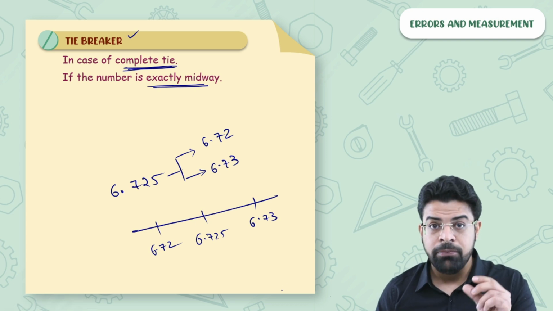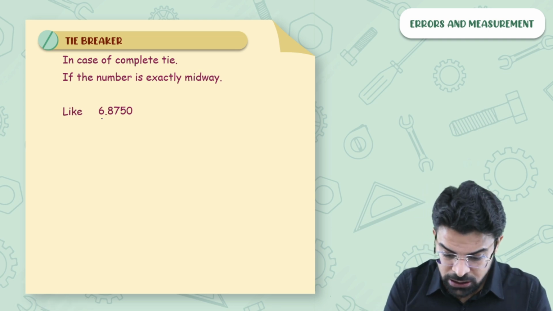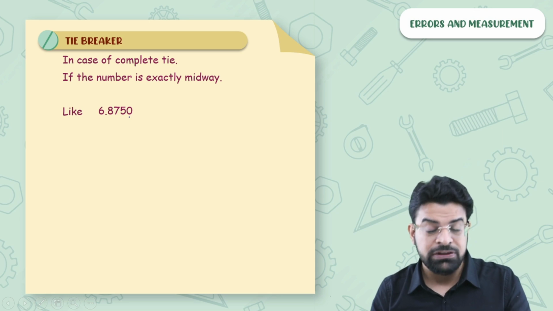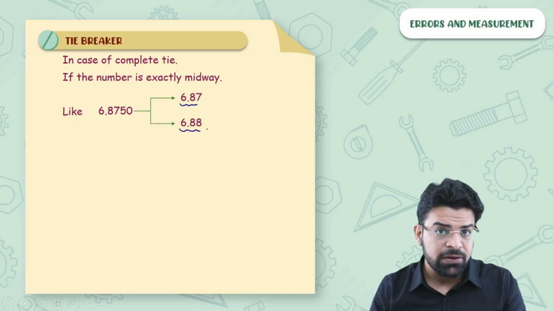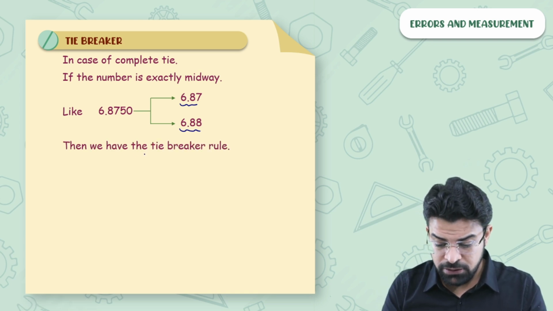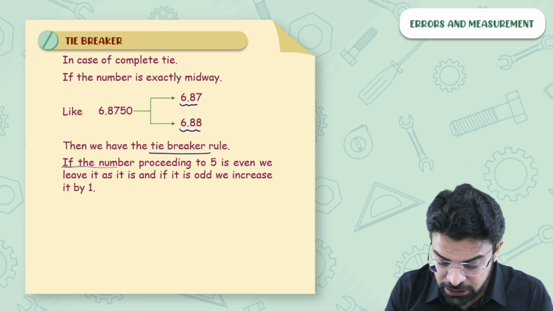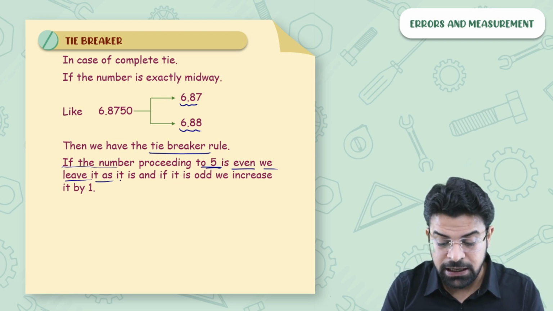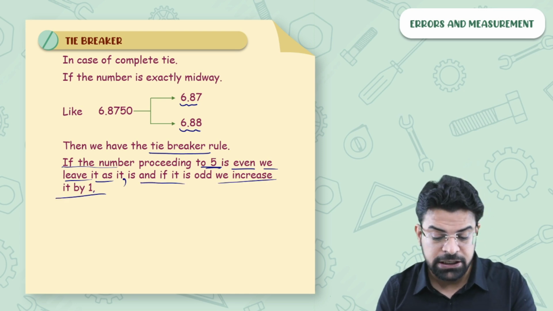So we have made a rule, and the rule says this. If you have got, let's say, a number like 6.8750, which is exactly midway between 6.87 and 6.88, then we have a tiebreaker rule. And what does the rule say? If the number preceding 5 is even, we leave it as it is. And if it is odd, we increase it by 1.